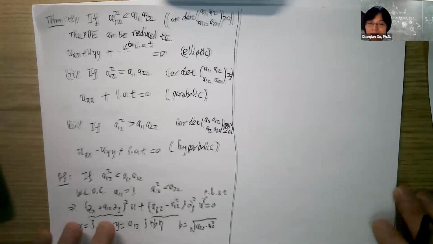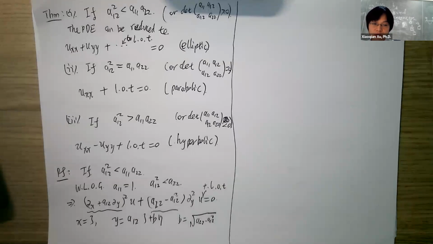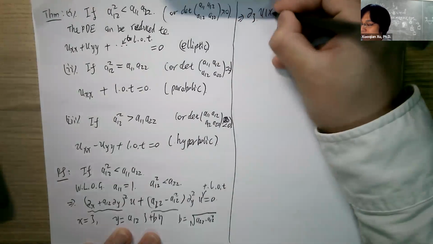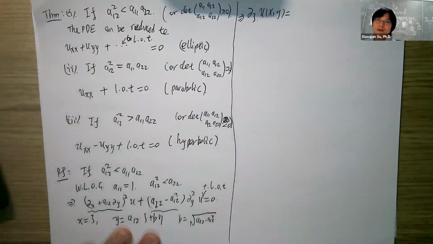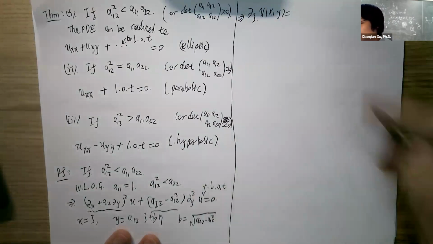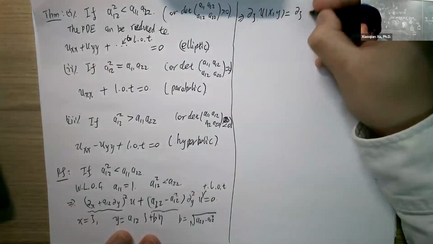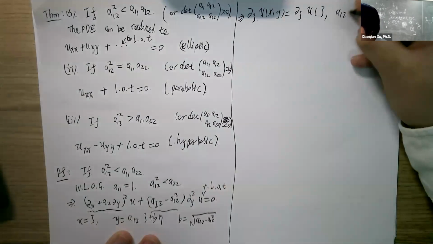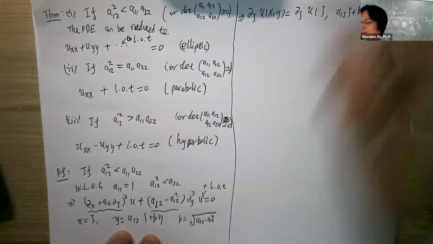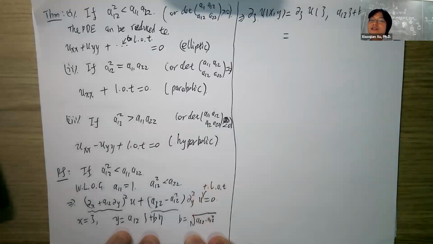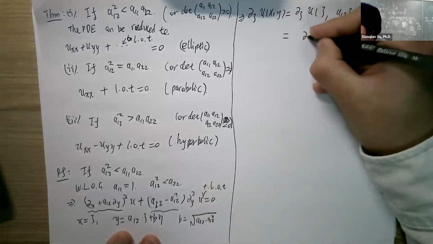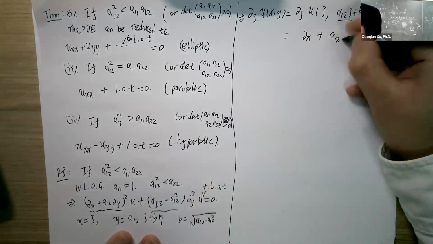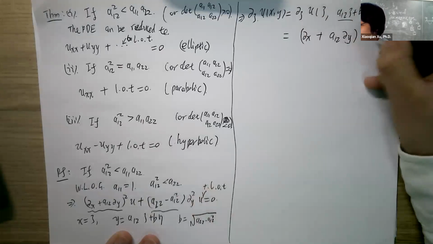Okay, and if you choose your change of variable this way, what you find is, just in case you are not familiar with this kind of change of variable, partial xi of u, where x is xi and y is a12 xi plus b eta, so you can use the chain rule and it makes partial x plus a12 partial y acting on u.